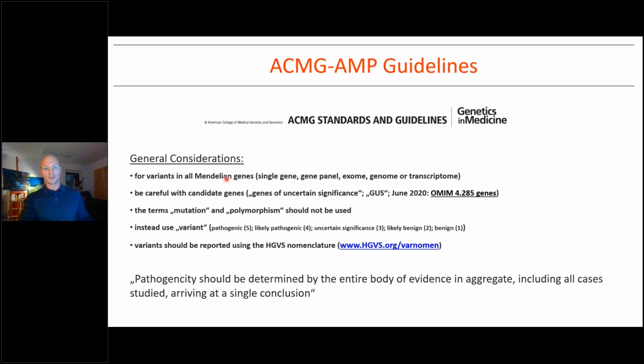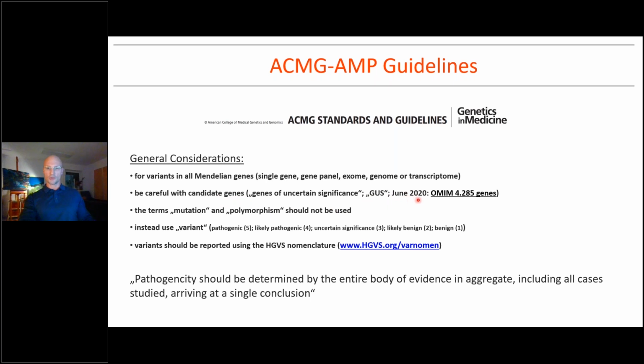But very important, the genes must be penetrant enough to be recognized, and they also have to have a recognizable phenotype. Otherwise, you can get problems by applying the codes. And you must be very careful applying these rules to candidate genes, so-called genes of uncertain significance.